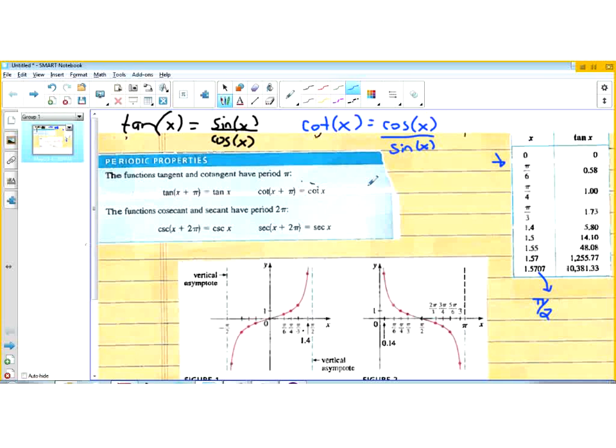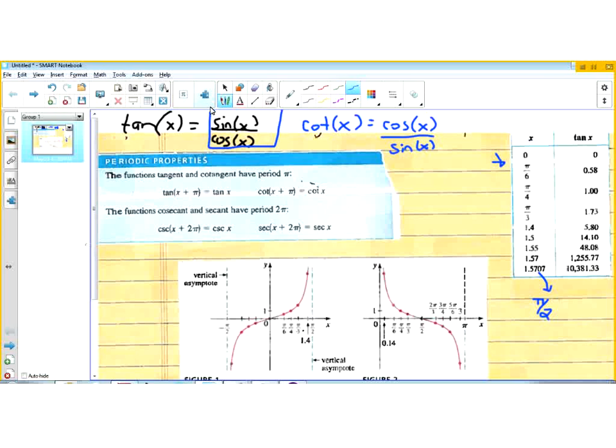And we can see that as we get closer and closer to pi halves, we know that the cosine of pi halves is 0. So we can't plug pi halves directly into the tangent function. We can only get closer and closer to pi halves and analyze the output. As we get close to pi halves, the sine function will get closer and closer to 1 in the output because it's a continuous function, and the output of the cosine function gets smaller and smaller.